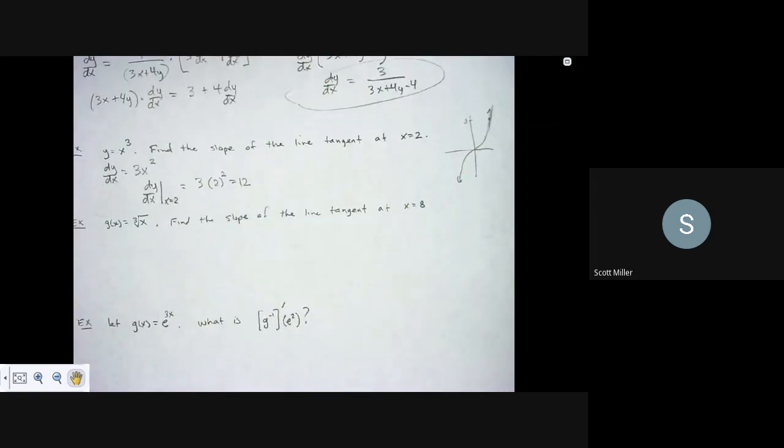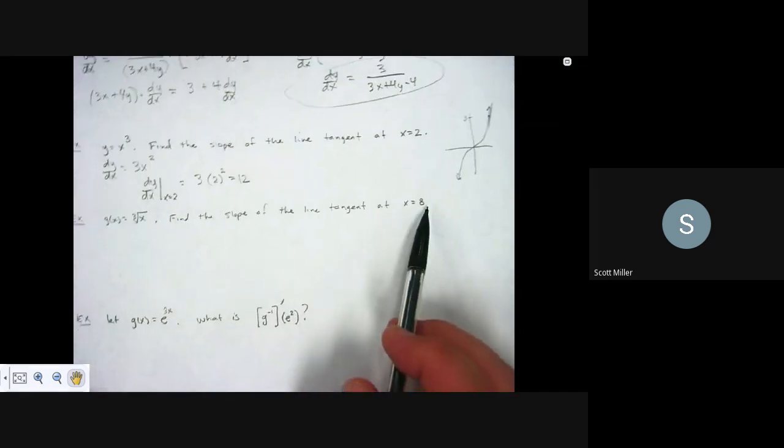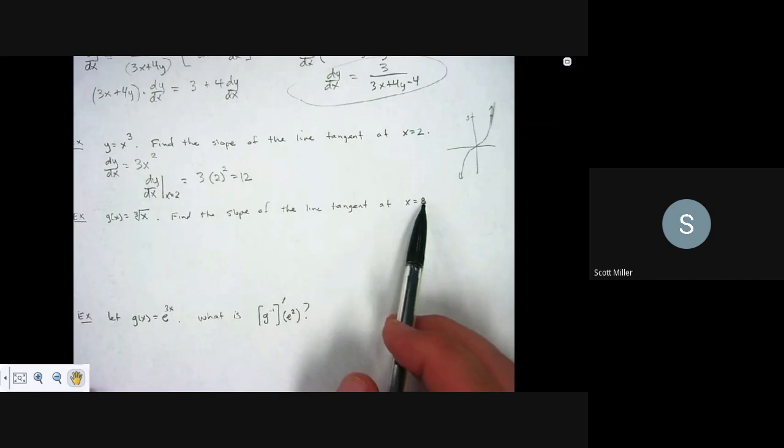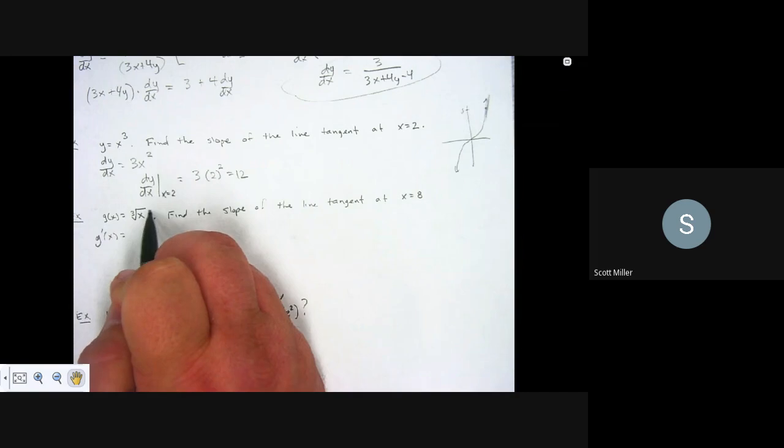Following the same concept, we're going to do the same thing here. Here's this function. I want you to find the slope of the line tangent at 8. Same thing. What is g prime of x? First thing you want to do is make sure you see this as x to the 1/3.